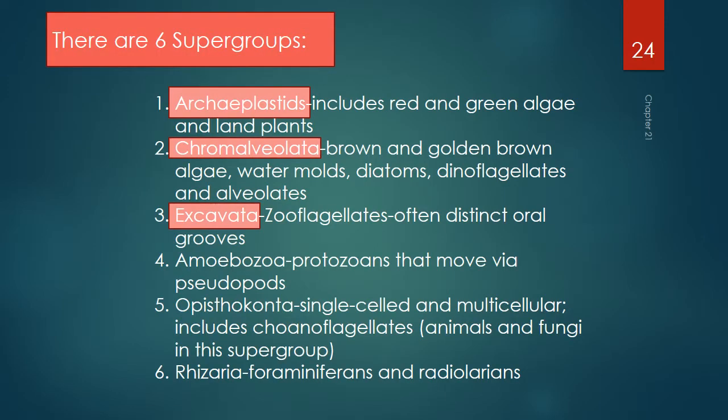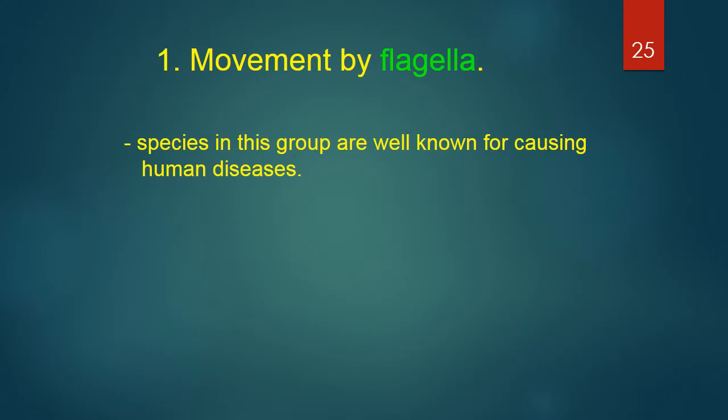Okay, I know you keep seeing this picture over and over again, but right now we're going to stay in the supergroup Excavata as we move into the protozoa. So movement by flagella. Species in this group are really known for causing human diseases. So these are the bad guys.